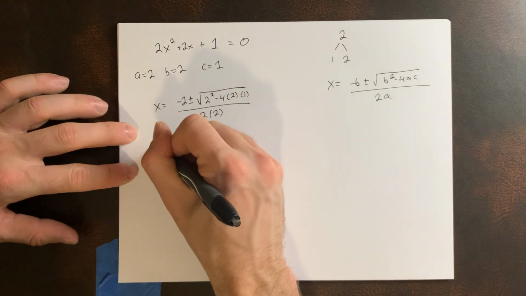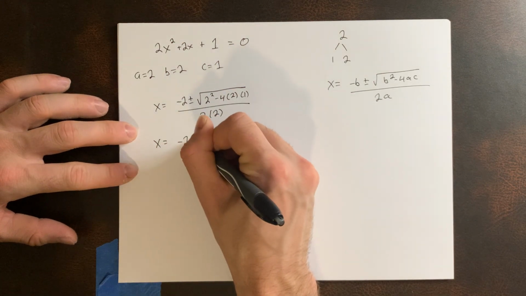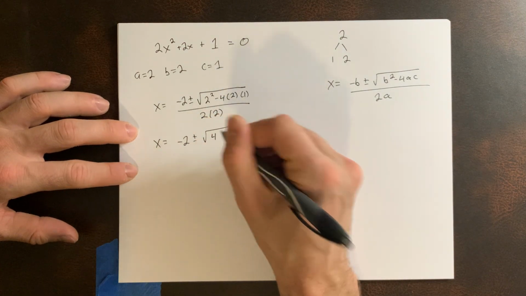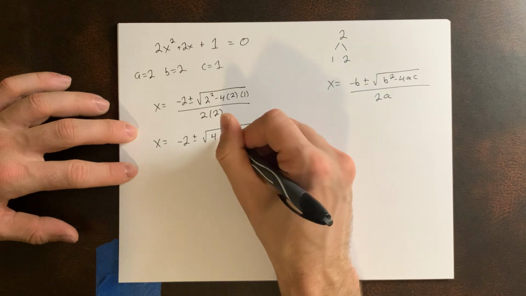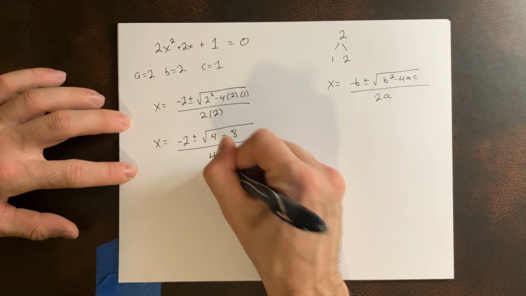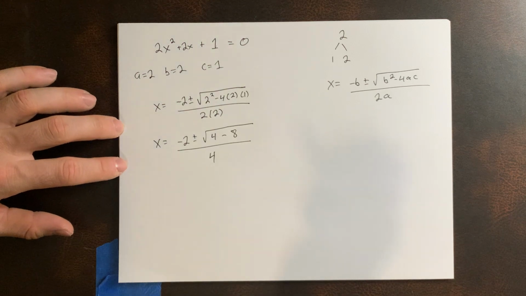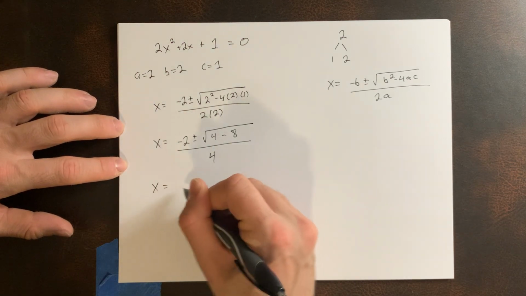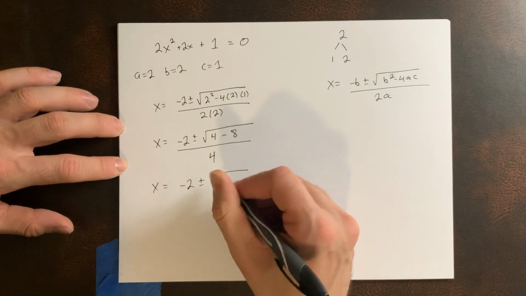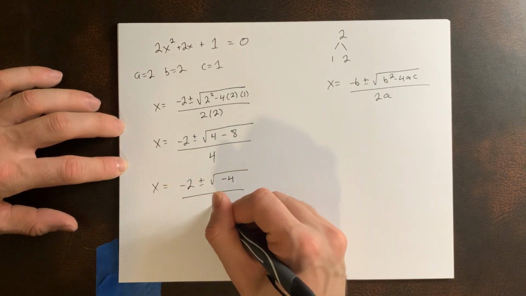Okay, so now we have x is equal to negative 2 plus minus, so 2 squared, that's 4. 4 times 2 is 8, so we're going to have minus 8, all over 2 times 2, so all over 4. And then keep going, so x is equal to negative 2 plus minus. Here we have 4 minus 8, which is negative 4, all over 4.